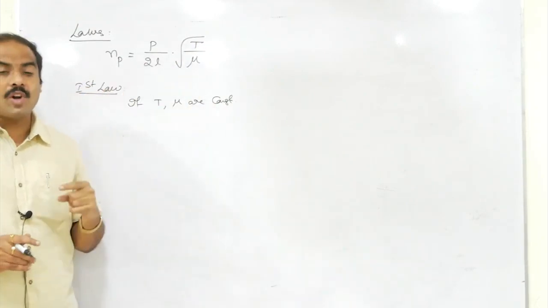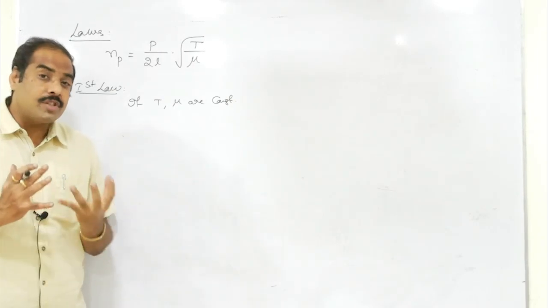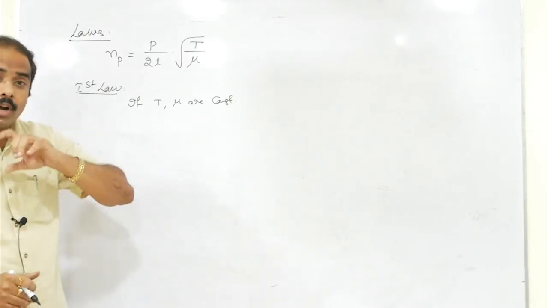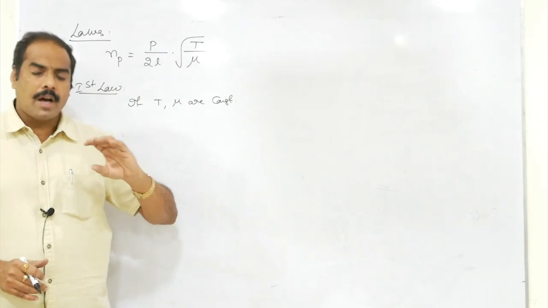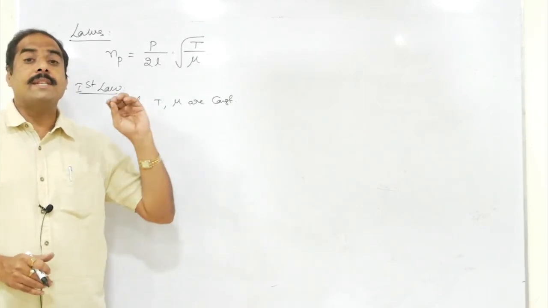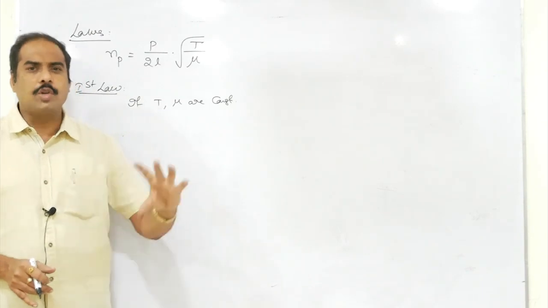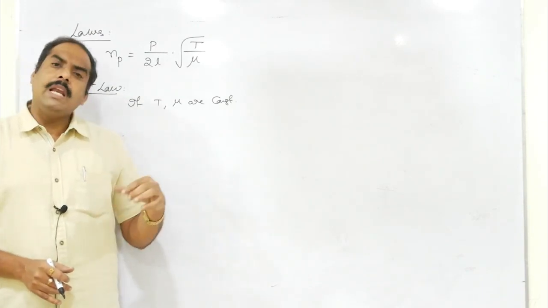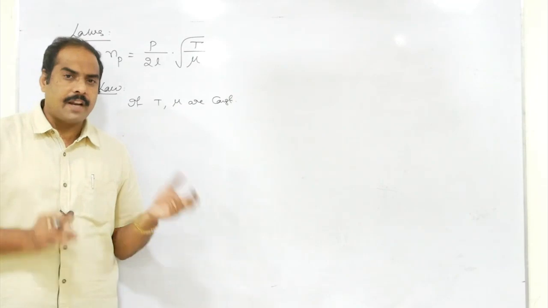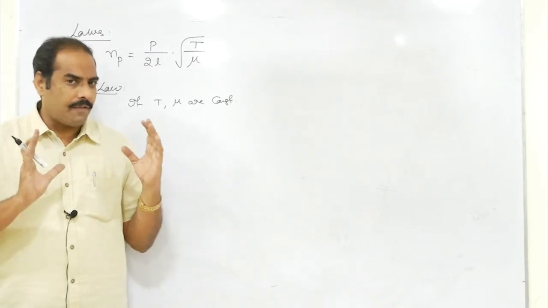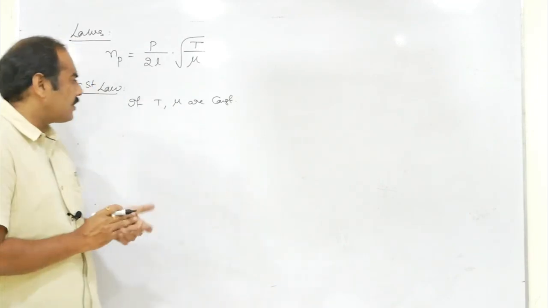Linear density is also constant. How can you keep the linear density of a wire constant? If you are doing the experiment with the same wire, the same copper wire or zinc wire, the linear density remains constant. For a given material of a wire, the linear density is constant.